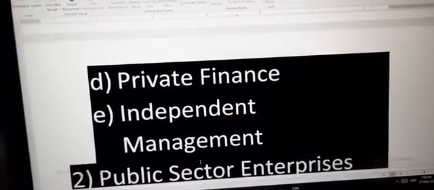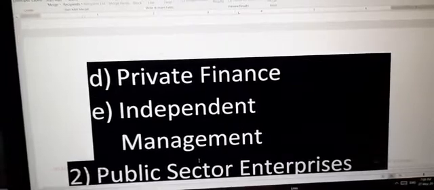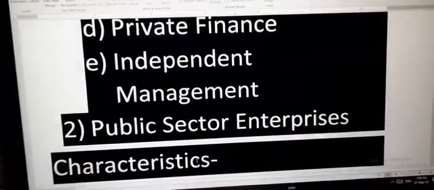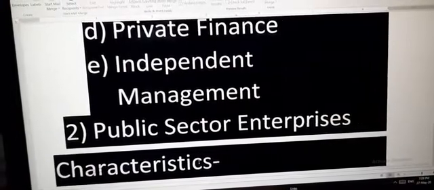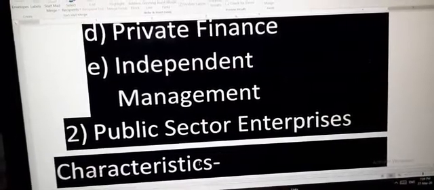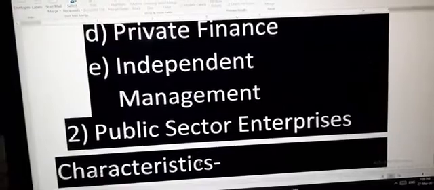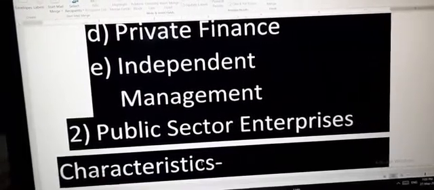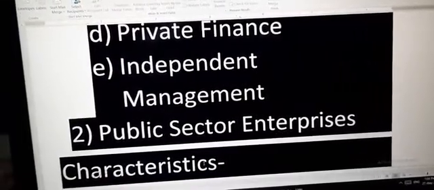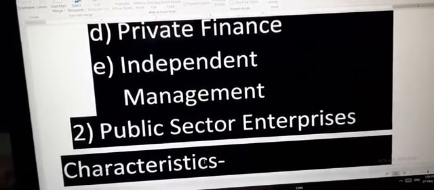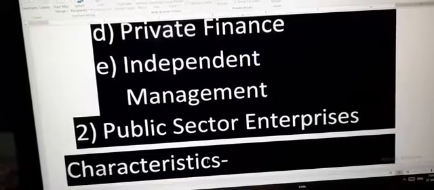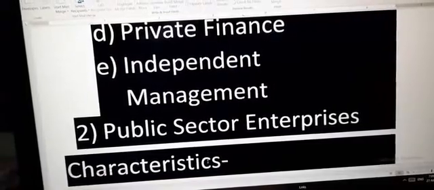The capital of a private sector undertaking is arranged by its owners. Next, independent management. A private sector undertaking is managed by its owners. The owners may manage the enterprise themselves or through their elected representatives. So this is all about the characteristics of private sector enterprises. Private sector enterprises means that the ownership is in the hands of a person other than the government.